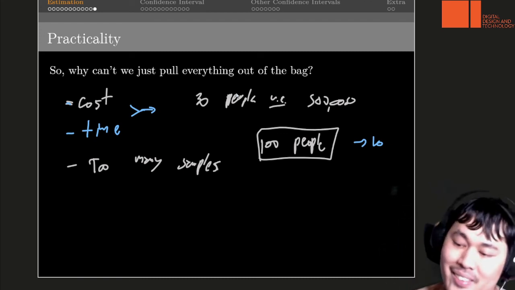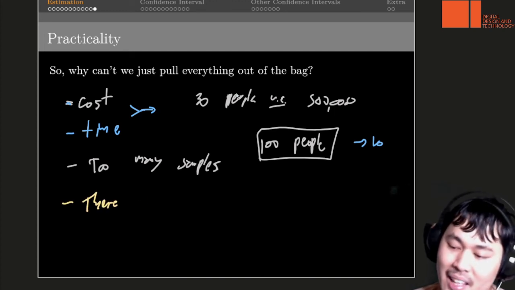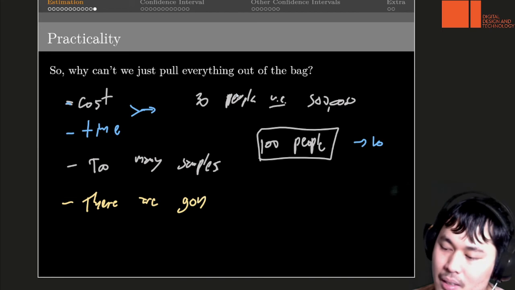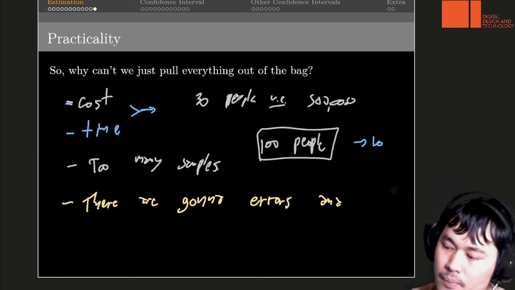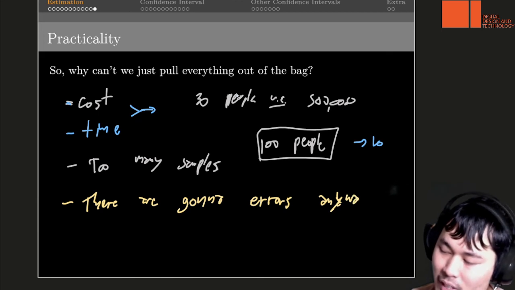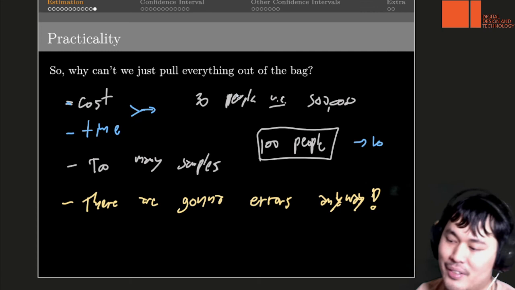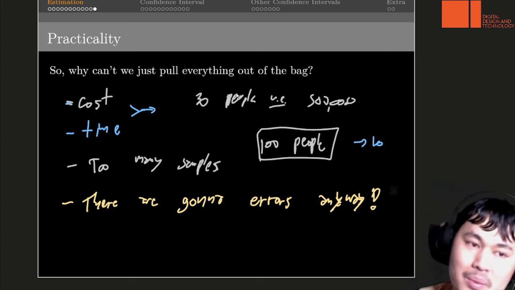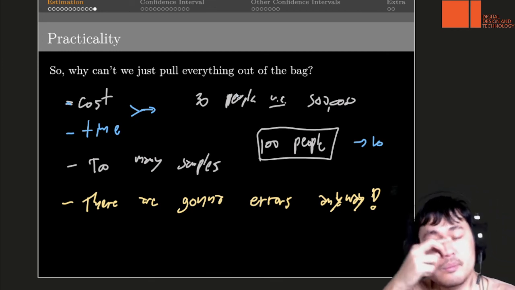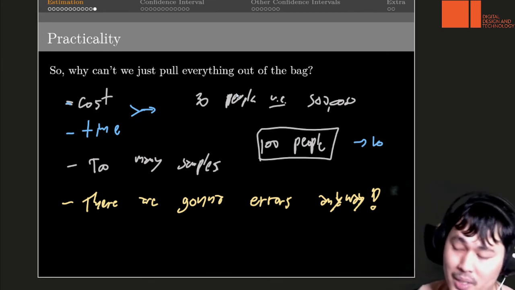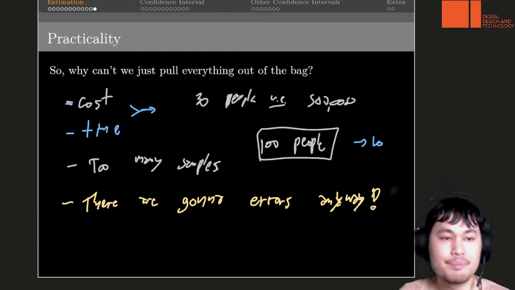And lastly, this is interesting because there are going to be errors anyway. Maybe that's the final point. The reason why we don't ask every single person, or just pull everything out of the bag, is because there are going to be errors anyway. Maybe it is impossible to get the exact number in the first place.